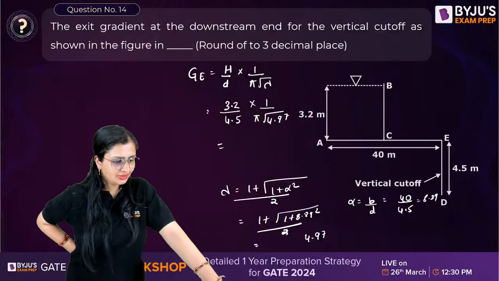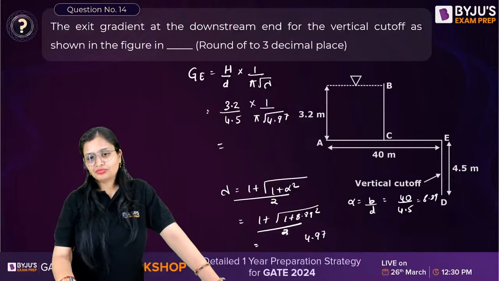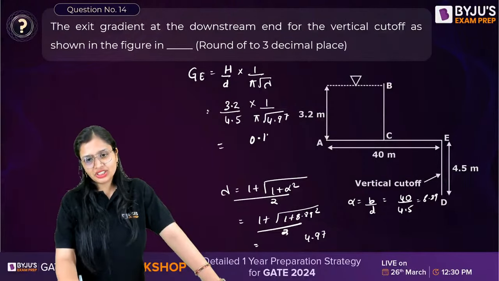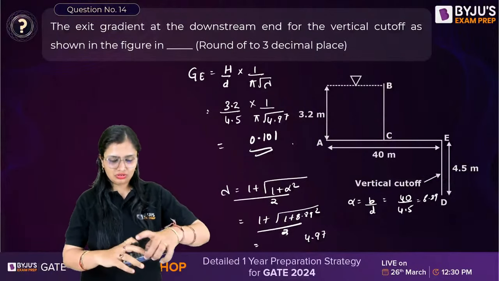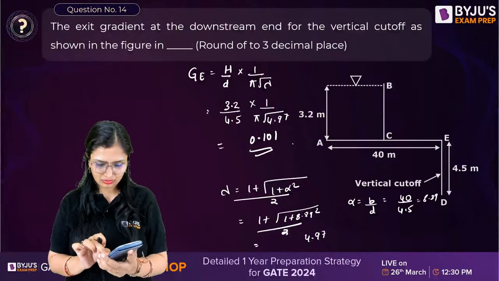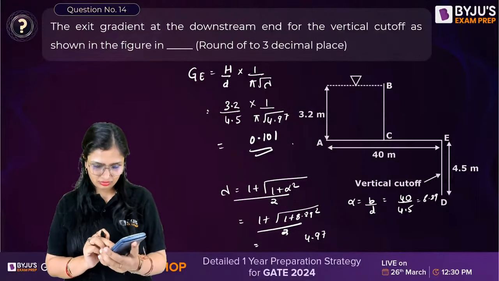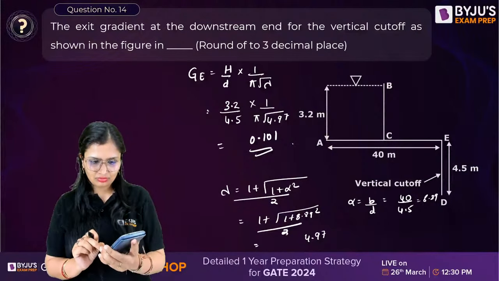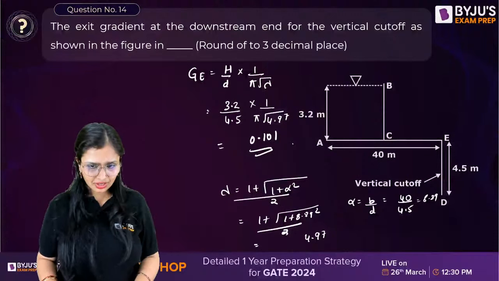Who got the answer? I am writing it, but check it once. I'll also check it once. 0.101 only. No, 0.101 is coming.